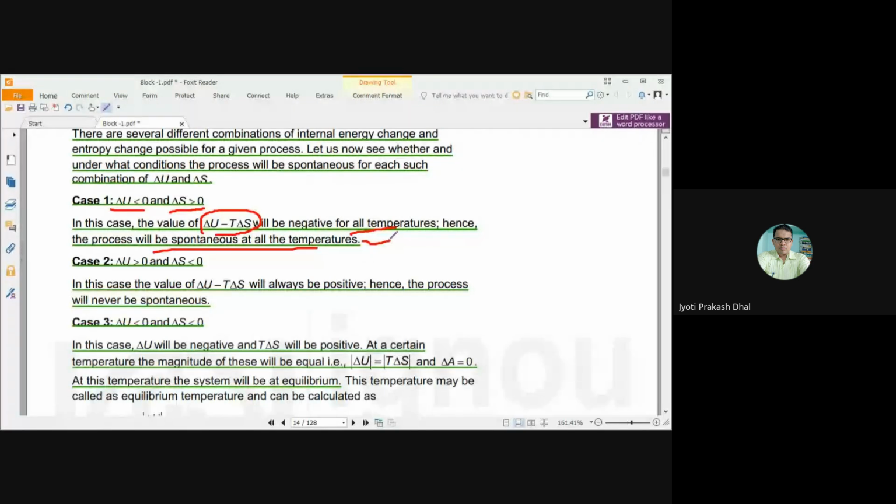So the process will be spontaneous at all temperatures.